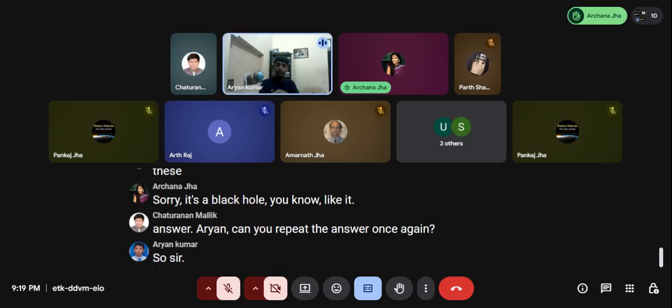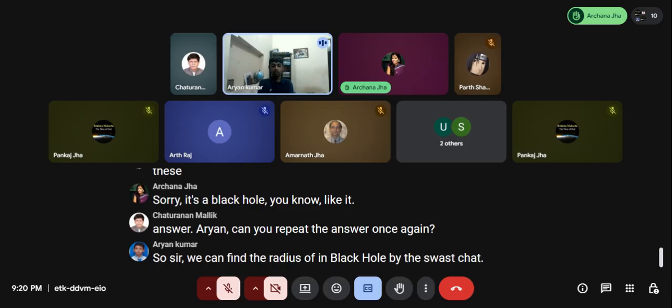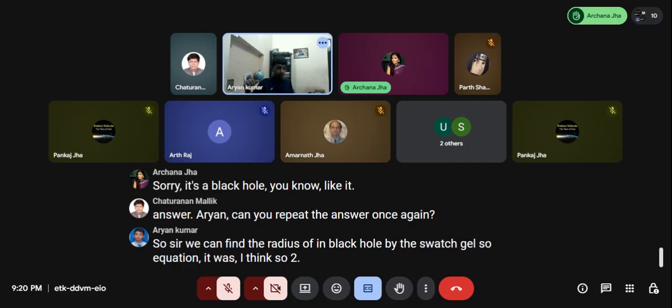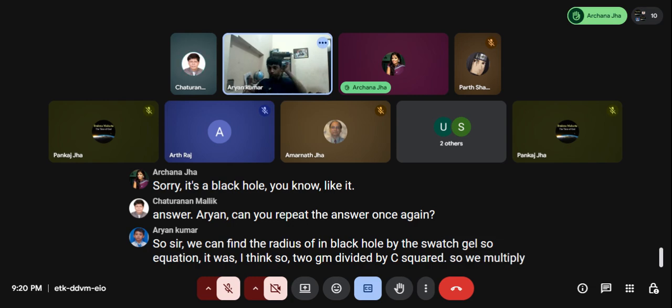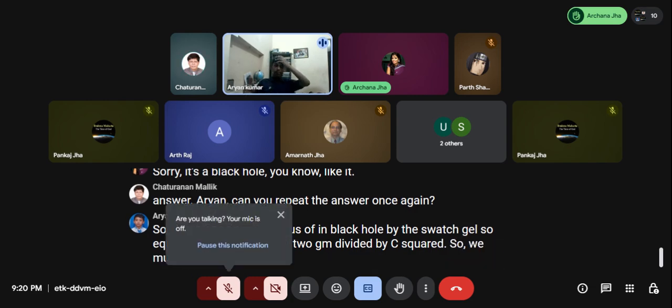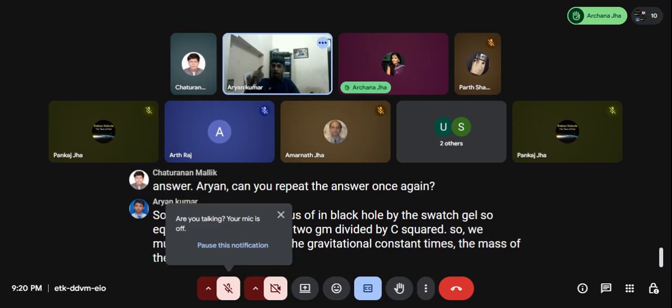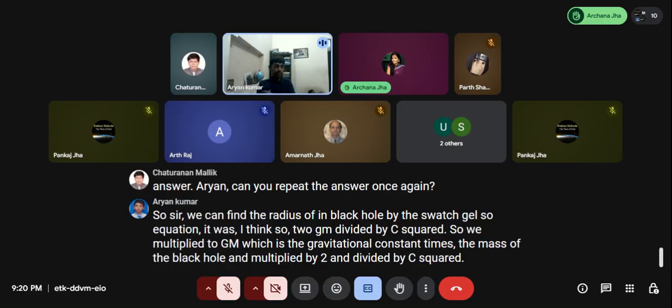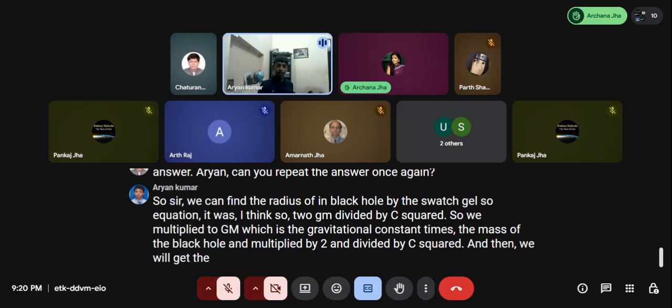Sir, we can find the radius of a black hole by the Schwarzschild equation, which I think is 2GM divided by c squared. We multiply 2, G, the gravitational constant, and M, the mass of the black hole, and divide by c squared. Then we get the radius, and to find the diameter we just multiply the radius by 2.